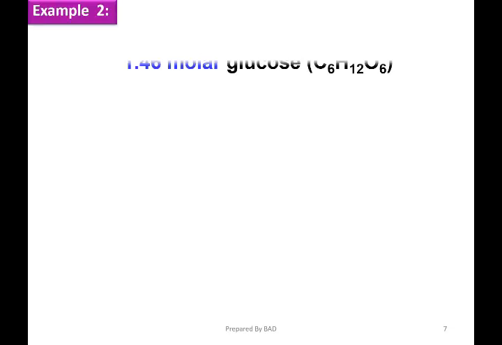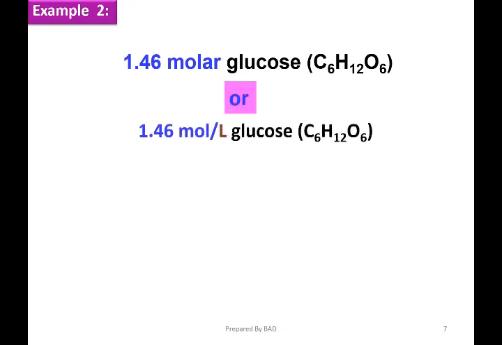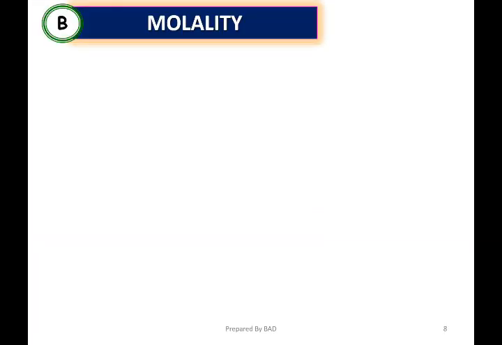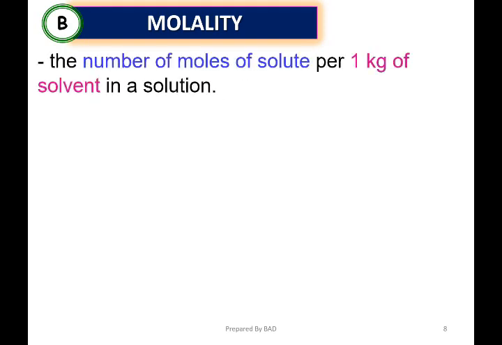Example 2. Given 1.46 molar glucose or 1.46 mole per liter glucose, it means that it has 1.46 mole of glucose, which is solute, dissolved in 1 liter of the solution. Next is molality. Molality is the number of moles of solute per 1 kilogram of solvent in a solution.